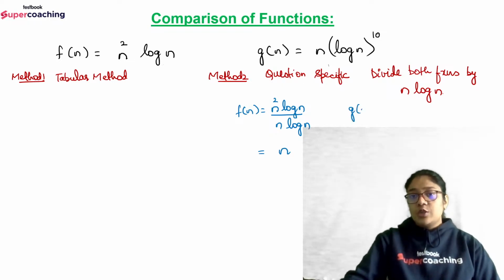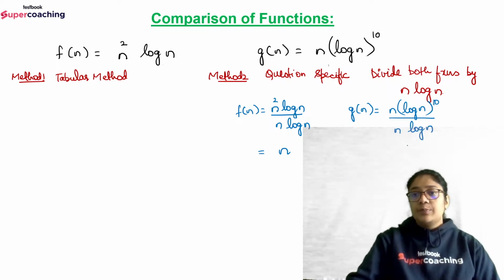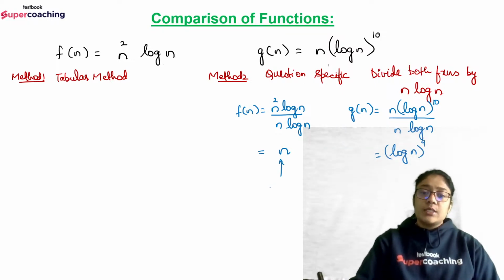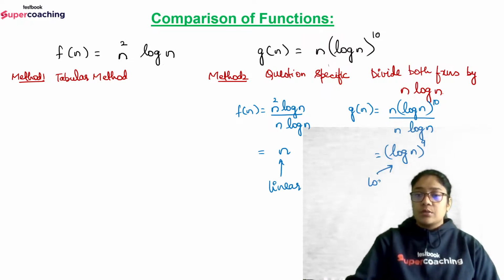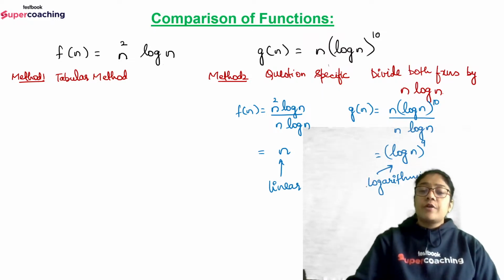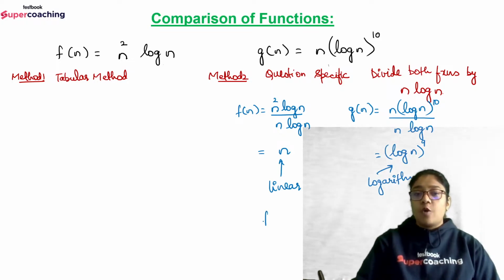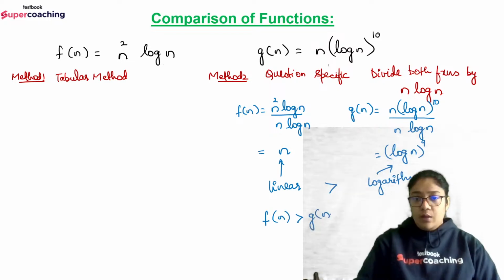In case of g of n, I'll be dividing n log n raised to power 10 by n log n, so simply we'll get log n raised to power 9. Now if you check the type of function, this is the linear function and this is the logarithmic function, and we know that linear function is greater, so we can say that f of n is greater than g of n.